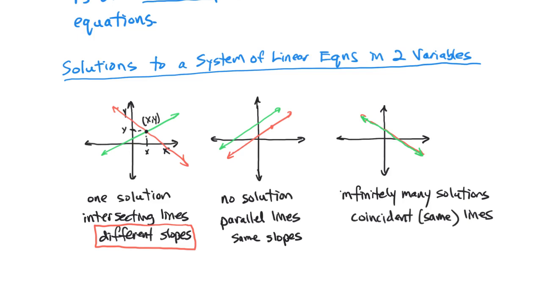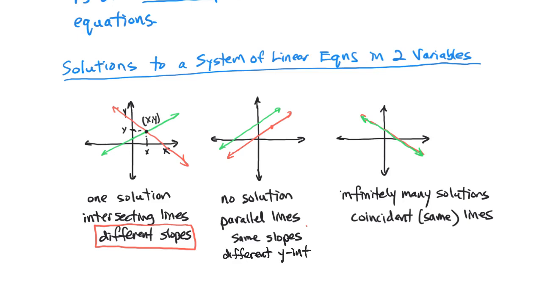Now what's different here though, if you look at this, remember this is a y-axis, so that point right there is the y-intercept. So these lines have different y-intercepts. While the slopes are exactly the same, the y-intercepts are different. So we can make a note of that: different y-intercepts.